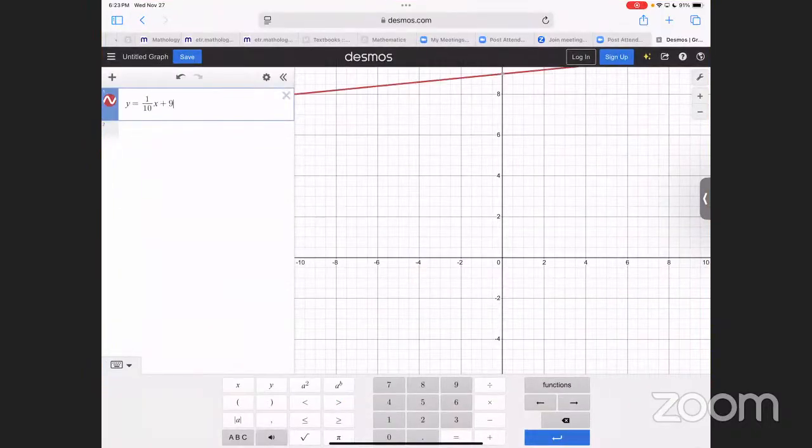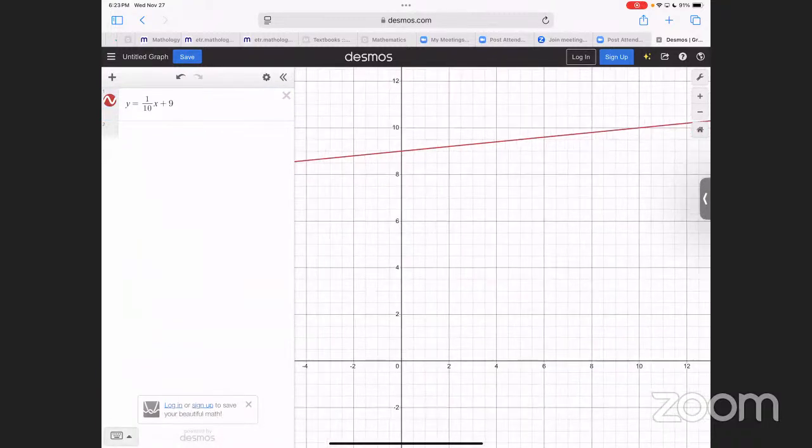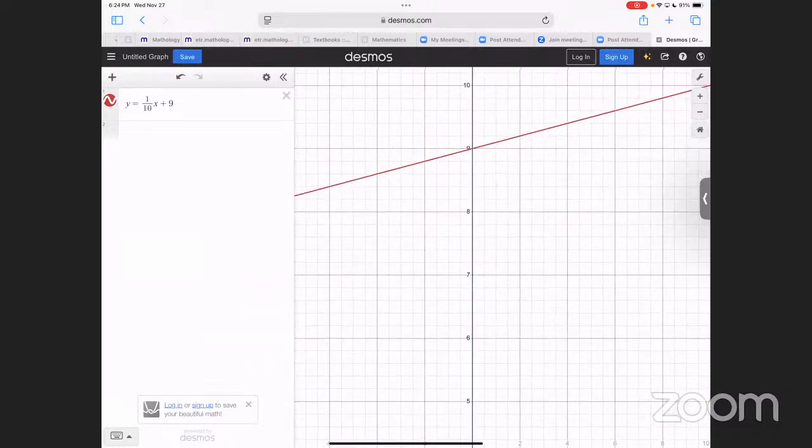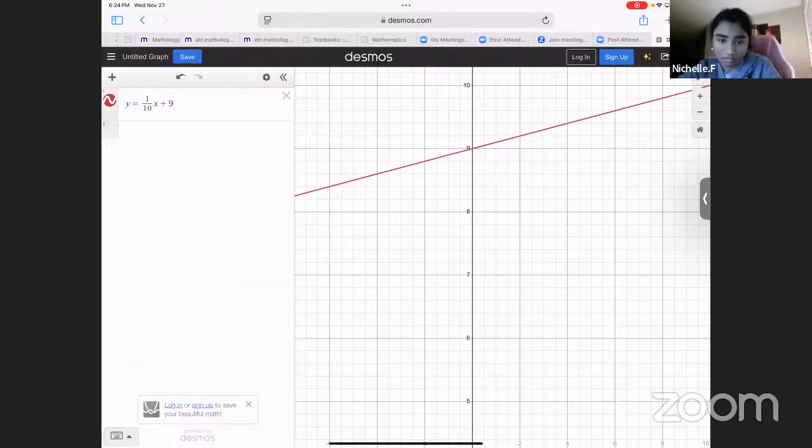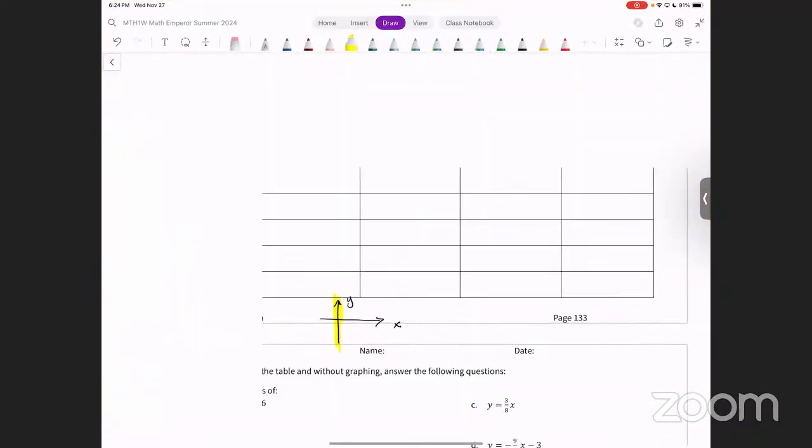All right. That is my graph. So can you tell me where it's crossing the y-axis? At 9? At 9. So that is crossing at 9.